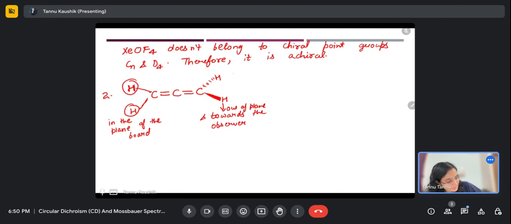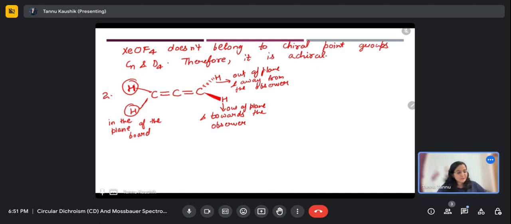This is also out of plane and away from the observer. So we can represent this allene if we consider that we are observing this molecule from here.